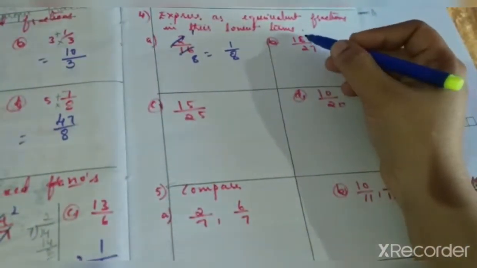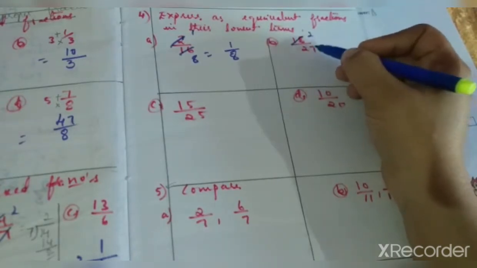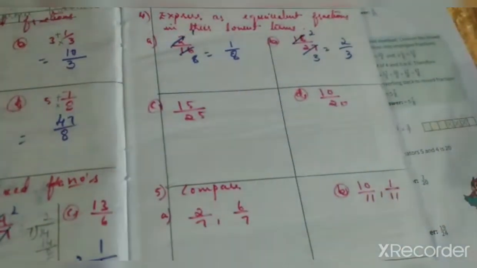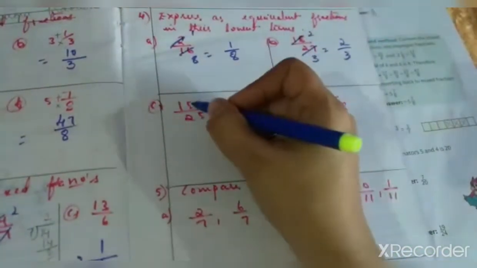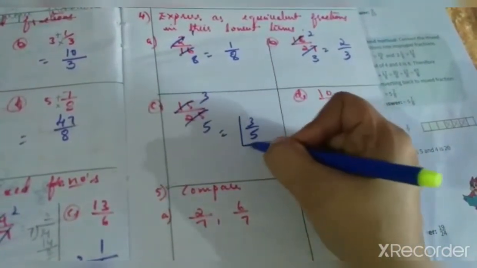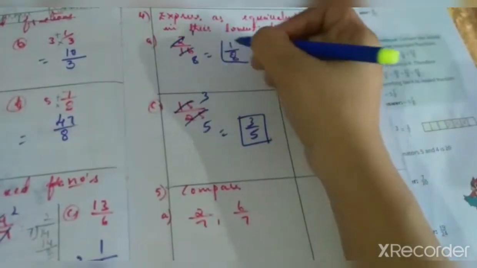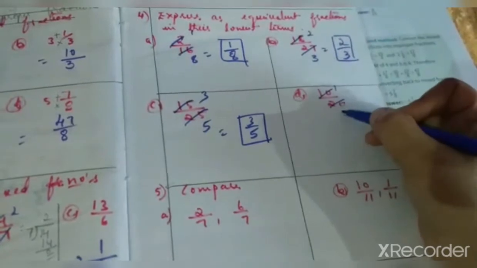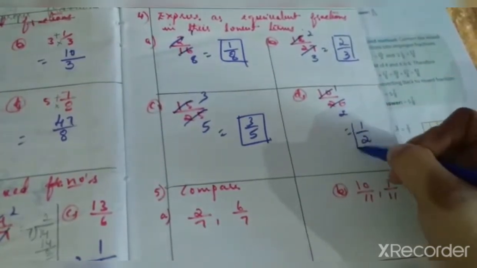In which table will it multiply? 9 2s are 18, 9 3s are 27, so the answer is 2 by 3. Then 5 3s are 15, 5 5s are 25, so the answer is 3 by 5. 10 ones are 10, 10 twos are 20, so 1 by 2.